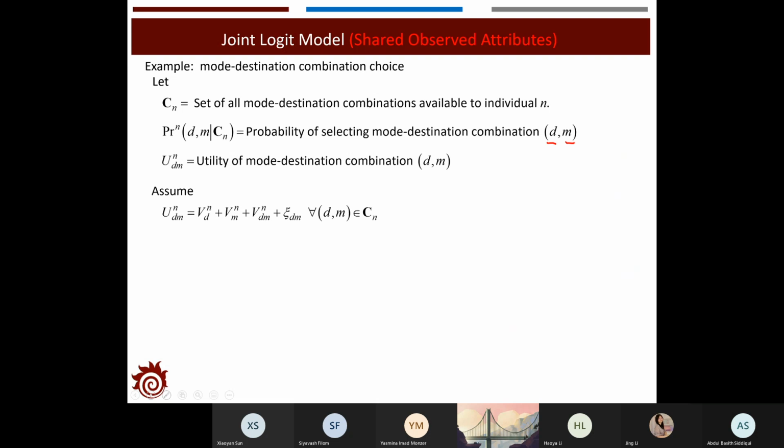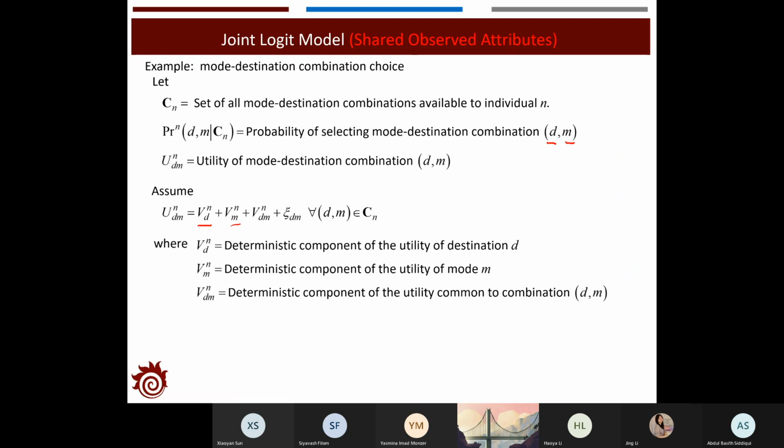And for this utility, we assume that it consists of four components. One is V_dn, that will be the utility from the destination d. V_mn is the utility from the mode m, and V_dm is the deterministic utility from the combination of d and m, and epsilon_dm would be the random term for that combination.